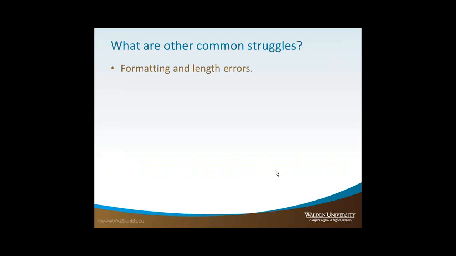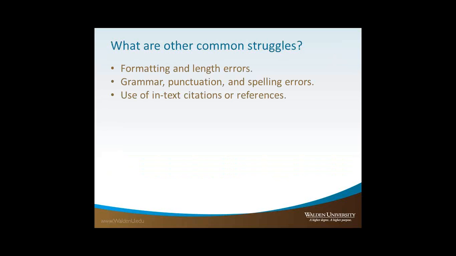All right. So any other common struggles? I put up some here. Formatting and length errors. It's not uncommon for me to see some really creative margins happening or font sizes, grammar, punctuation, and spelling errors, use of in-text citations or references. As I said, those should not be included in Walden abstracts.